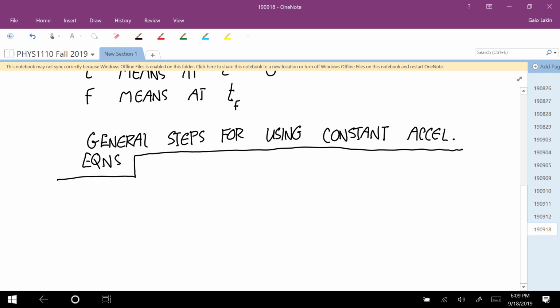I've talked already about choosing the position equals 0, the positive direction, and the time equals 0 instant. There's a fourth thing we have to choose here, and that's what instant is going to correspond to time final. Basically, when do you turn on the stopwatch, and then when do you stop the stopwatch? Okay. So the first one is choose. And there are four things you have to choose.